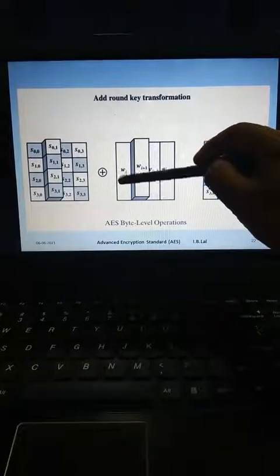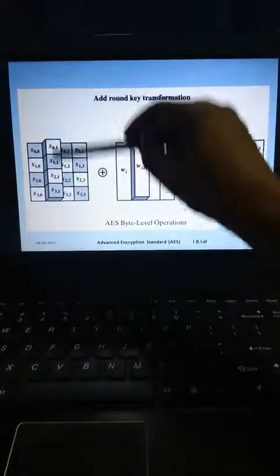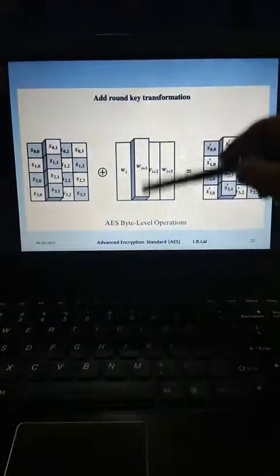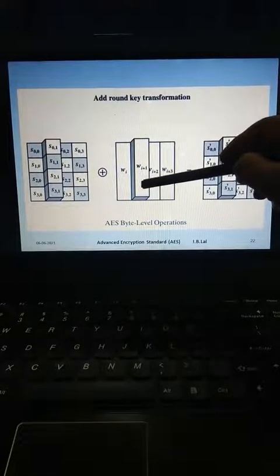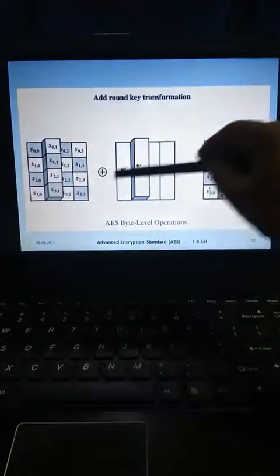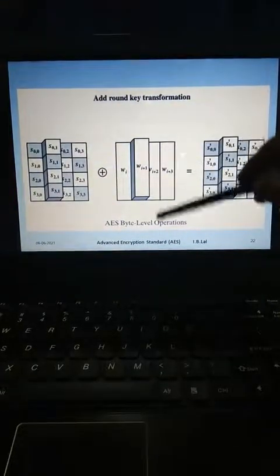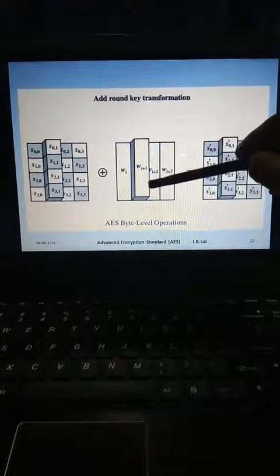K1, K2, K3, K4. Similarly, the second column would be XORed with the second word, K5, K6, K7, K8. In the same way, the third column would be XORed with this third word, K9, K10, K11, K12.